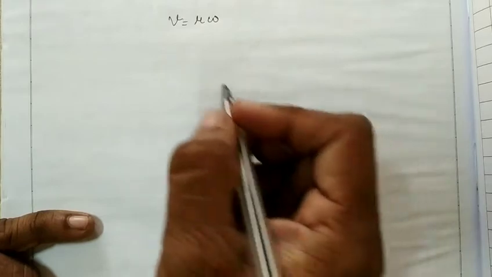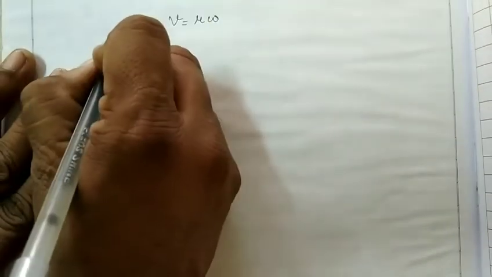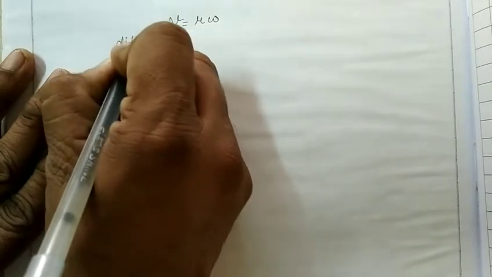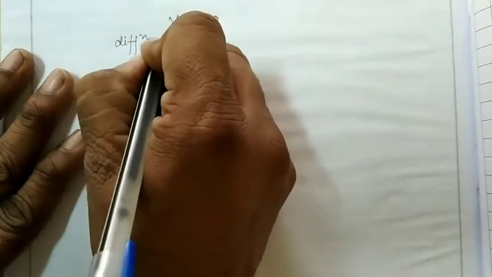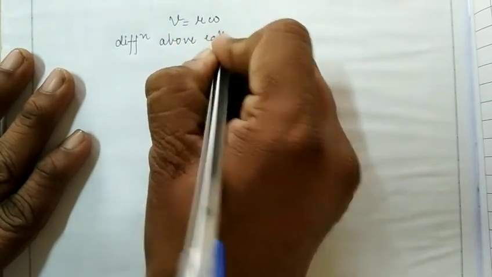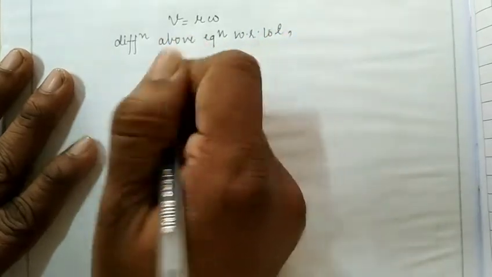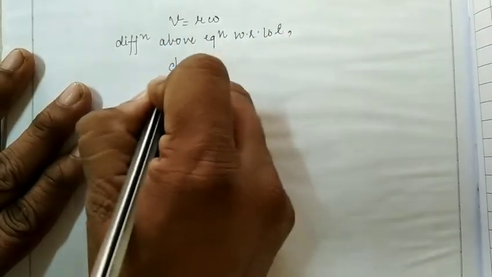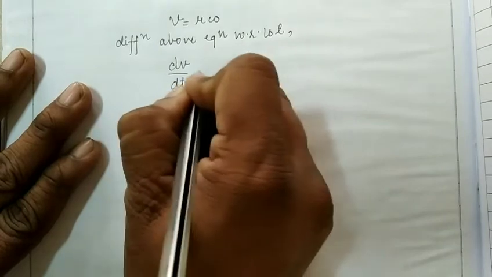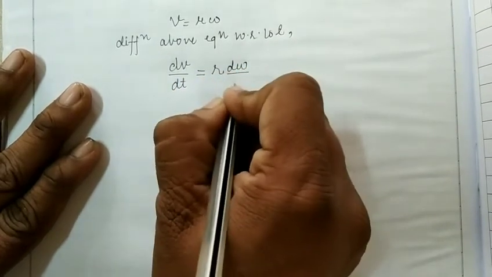If we differentiate the above equation with respect to time t, we get dv upon dt is equals to r d omega upon dt.